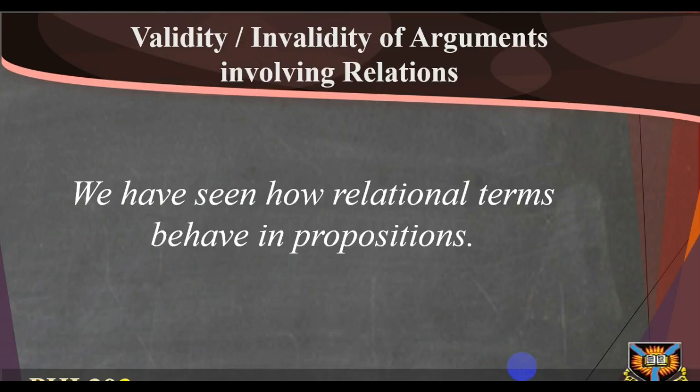Can you highlight the 3 ways that we used to test the validity of categorical syllogism? First, we can use the form of the categorical syllogism. Secondly, we can also use the Venn or Euler diagram. Thirdly, we can use the rules test.